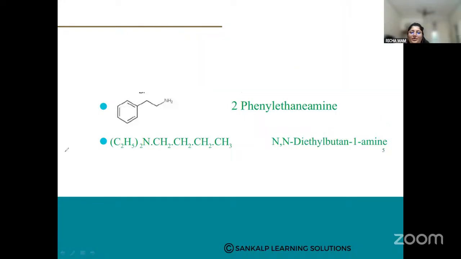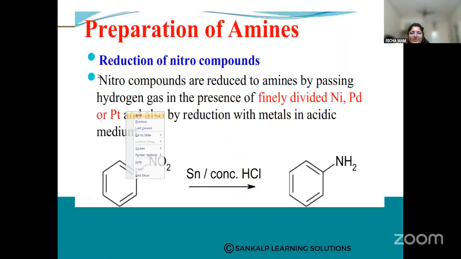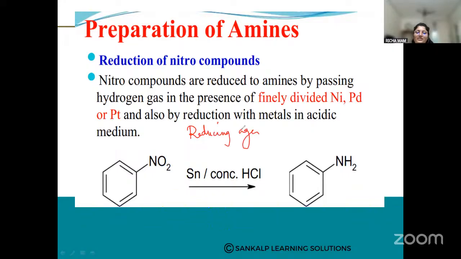Is it clear? Okay. So let us start with the preparations. So the first one is by reduction of nitro compounds. We can easily reduce nitro compounds to primary amine. Nitro compounds are directly reduced to amines by using various reducing agents. So which reducing agents can we use?